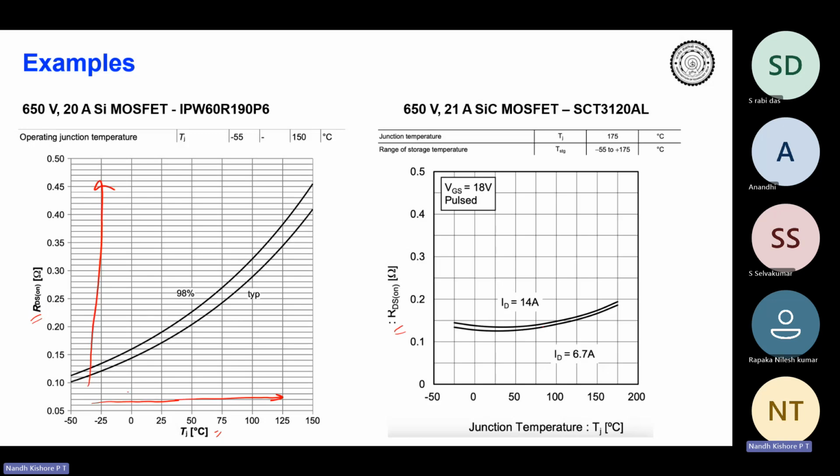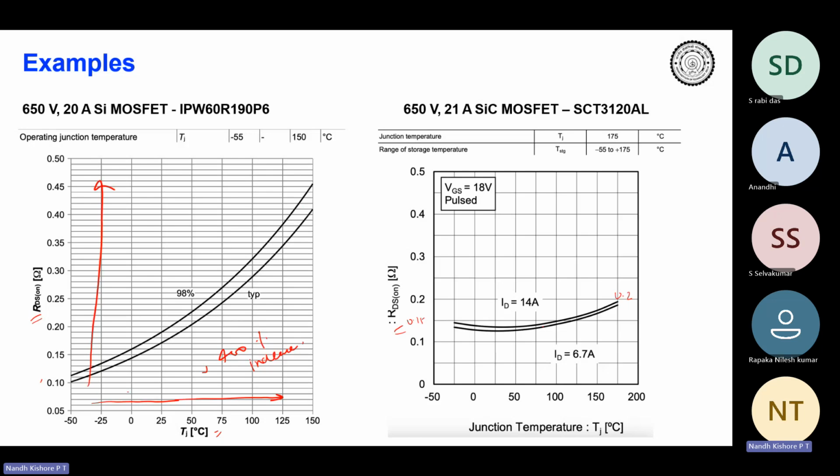It increased from 0.1 ohms to around 0.4 ohms, around a 400% increase. But for SiC MOSFETs, the increase is much lower. It hovers around 0.1, 0.15, and goes maximum to around 0.2, a very small increase, much less than 100%.